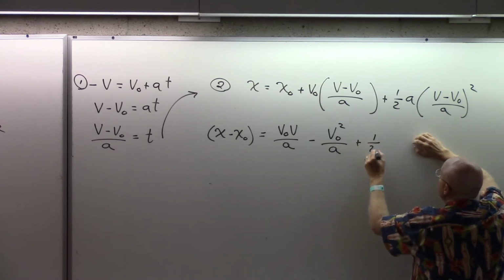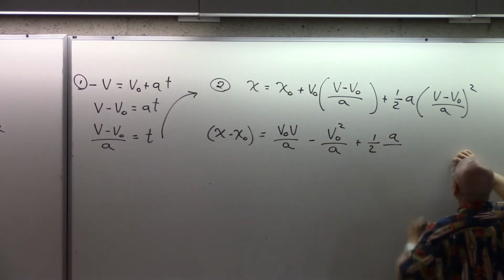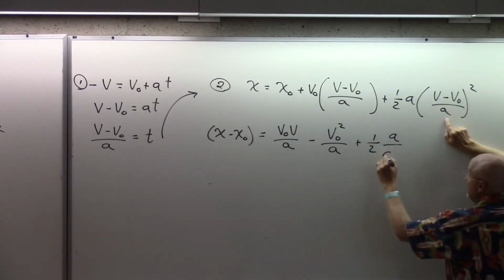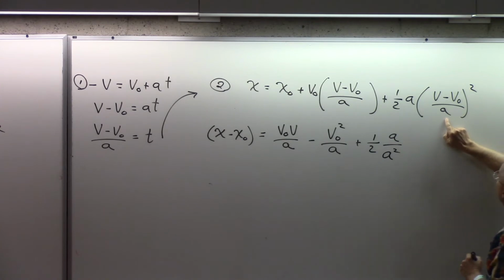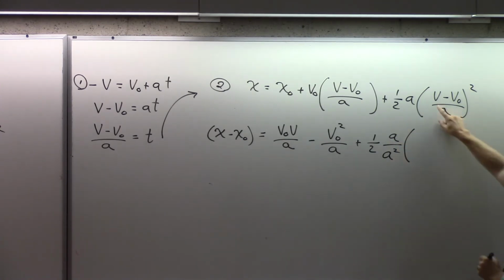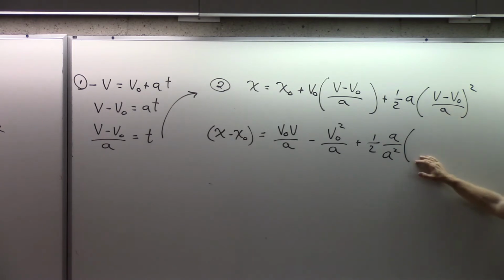This is going to take a little more work because it's squared. I'll start at the bottom, so this will give me an a squared at the bottom, and then this is going to take us back to our algebra class, right? a minus b squared is a squared minus 2ab plus b squared.